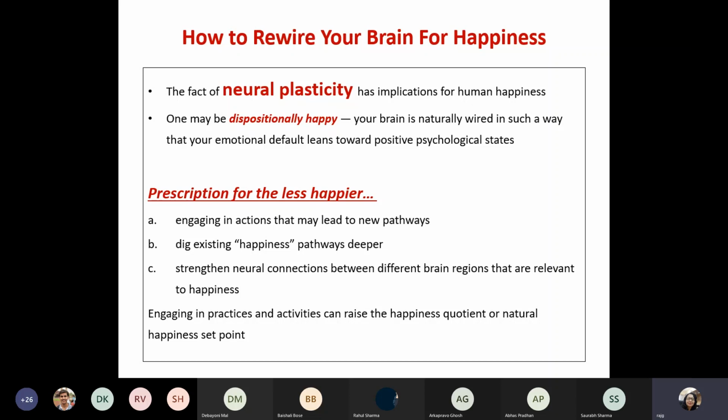And that is why active participation of the individual is required. It's not like having medicines. I give you a medicine, you don't have to do anything, you just eat that medicine, you'll be fine. It's not like that. So if you wish to change the way you think, if you wish to feel good about yourself or about the world, you need to actively participate to do it.